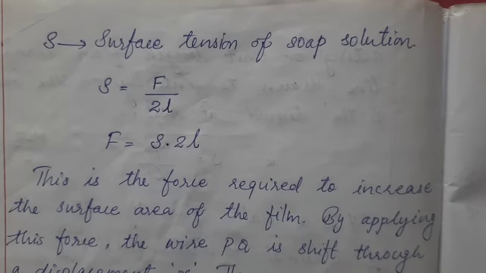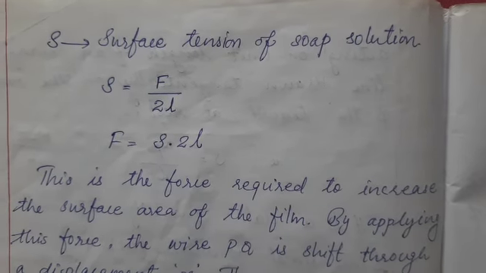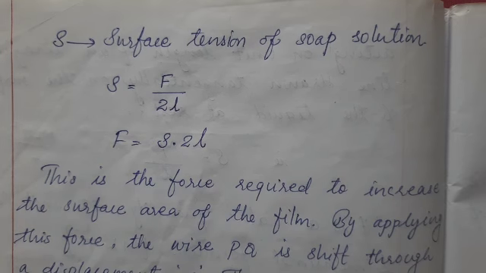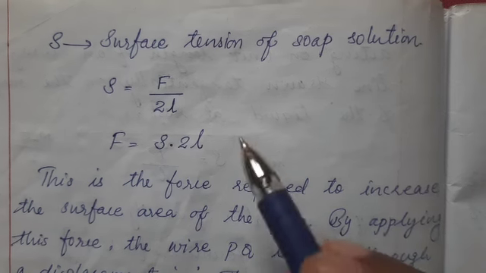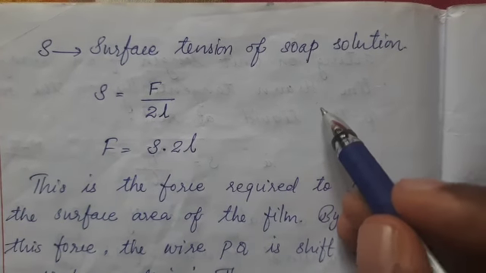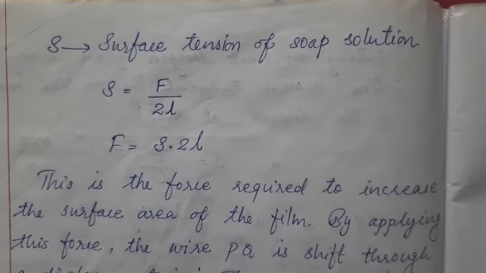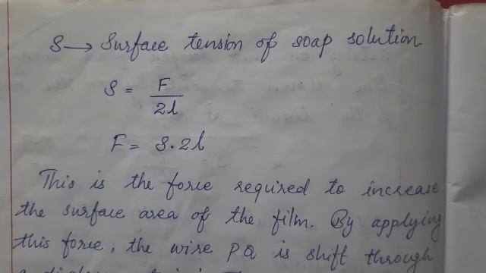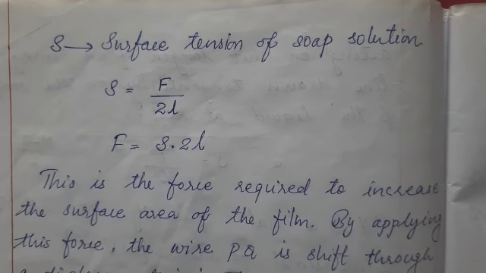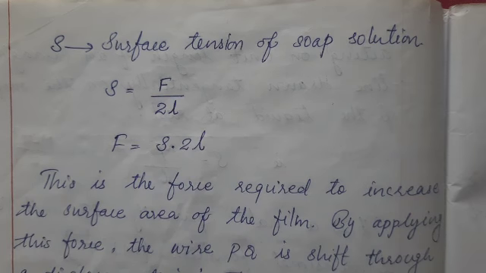There, we had a liquid in a container and considered only its top surface, which is why we took F by L. But a soap solution in a frame has two sides, a soap layer on either side of the frame. Because of these two sides, we have the term F by 2L.